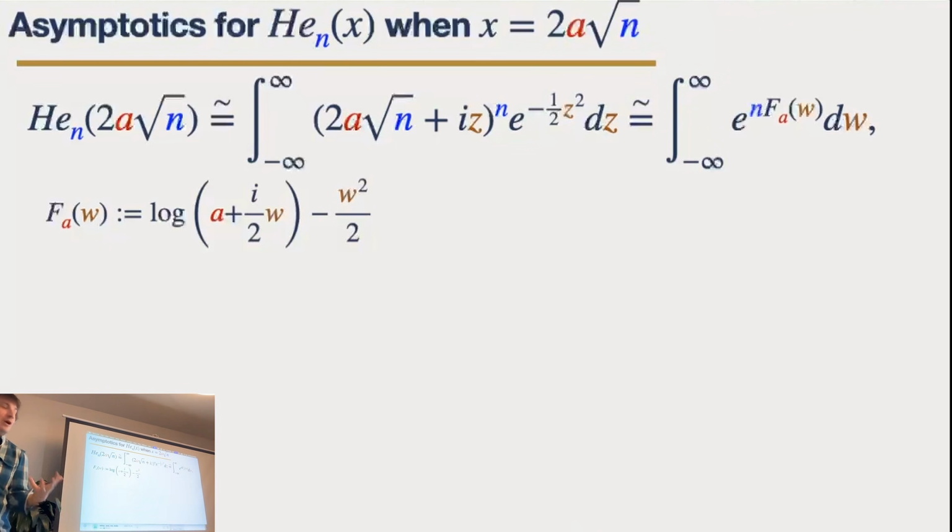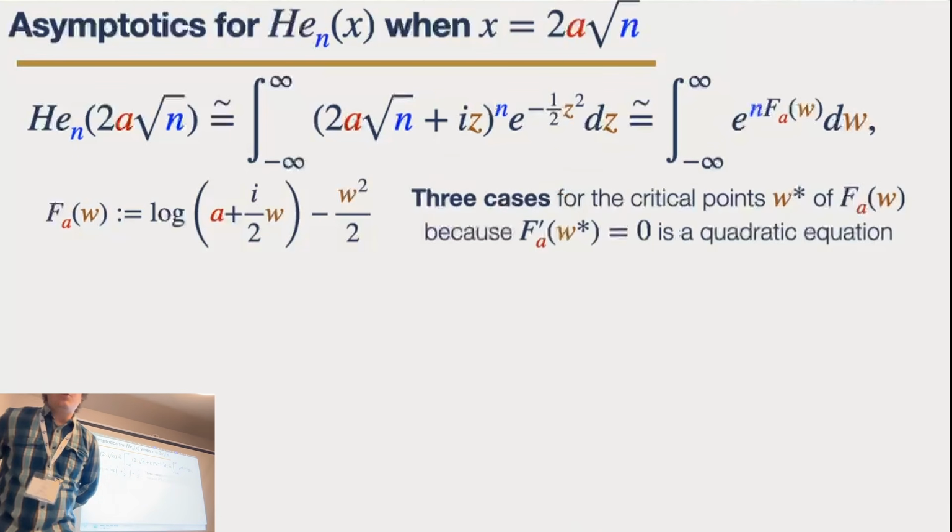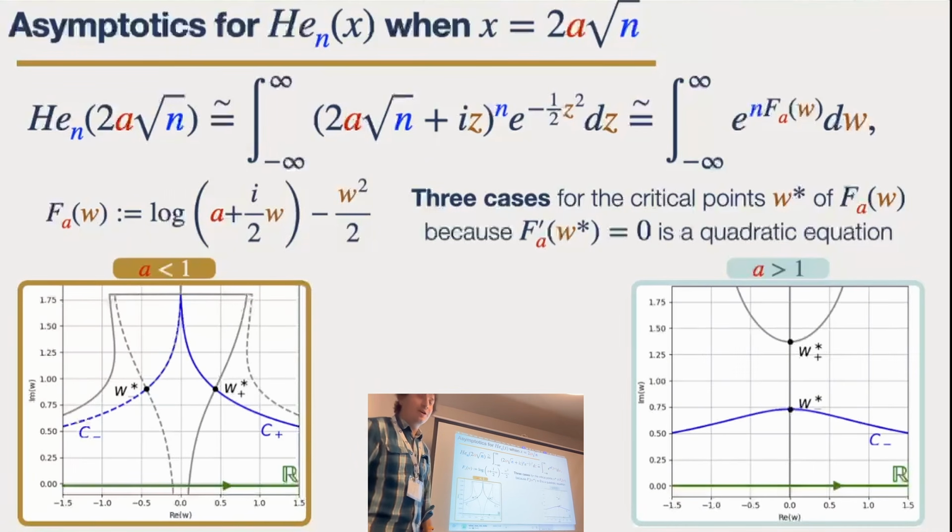And this is where you can really see the three cases in the approximation. So the three cases come from looking for the critical points of f, and the critical points of f are a quadratic equation. So there's three cases. In the same way, when you were in 10th grade, they said, please write down the three cases for this quadratic equation. It's exactly the same three cases, okay? Here are two of the cases.